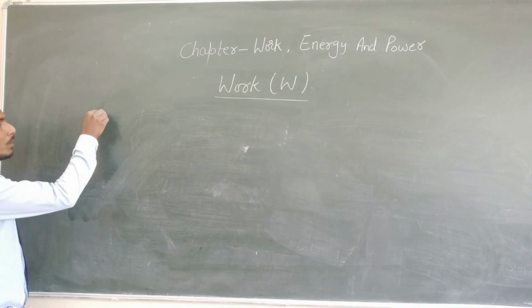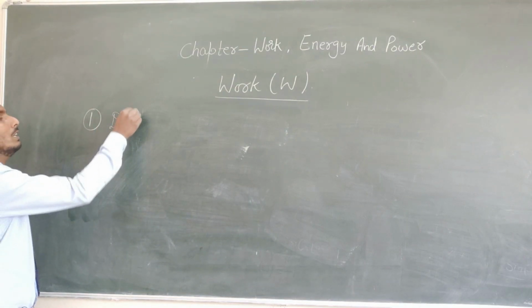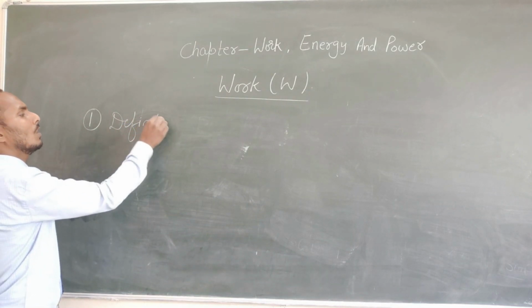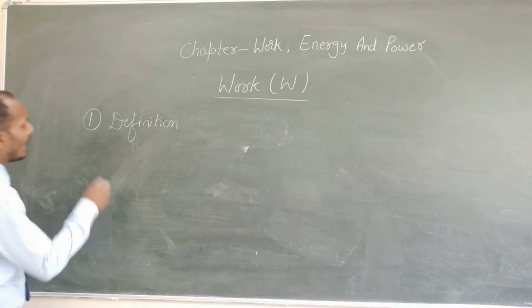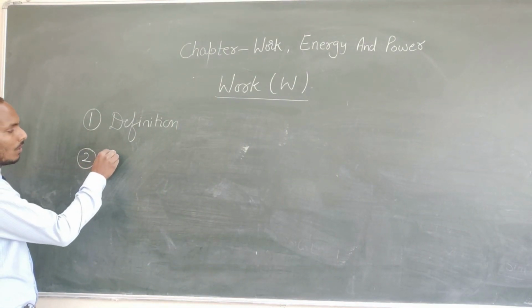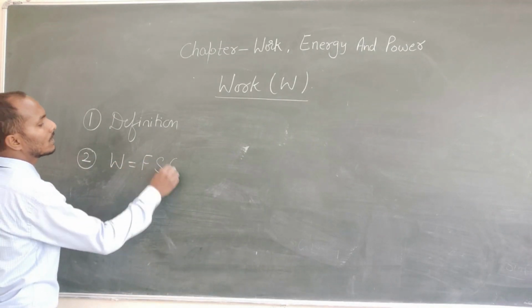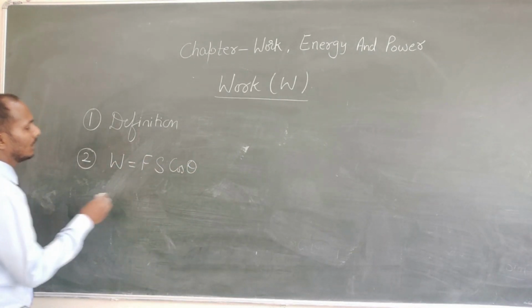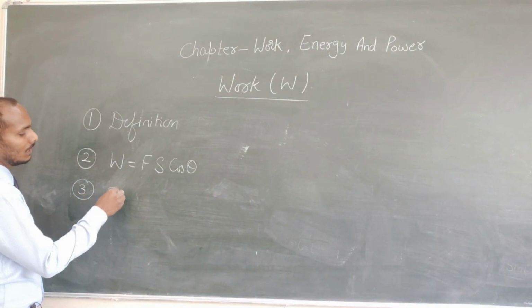One important point is the definition, which we have already written and explained. The next is the formula. The main formula is Fs cos theta, and the third is the SI unit.